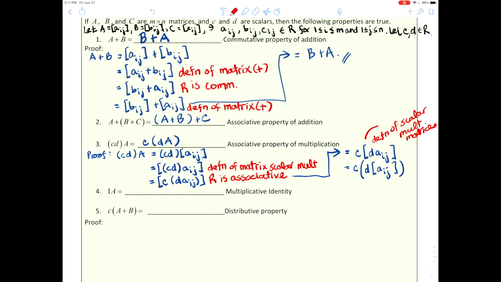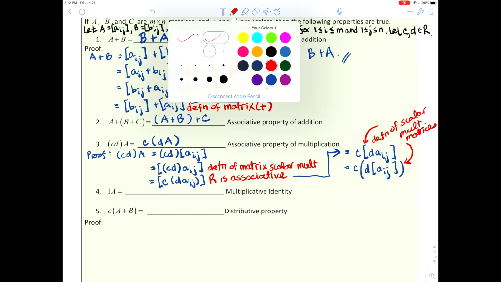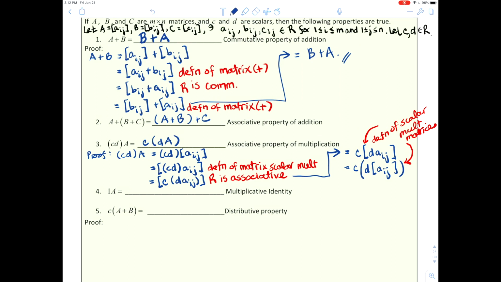And so both this one and this one are by definition of scalar multiplication for matrices. And then this will equal c times d times matrix A. Cool, cool? Actually, I don't need to put it in that format. I can do regular parentheses. And that's what we wanted to show.